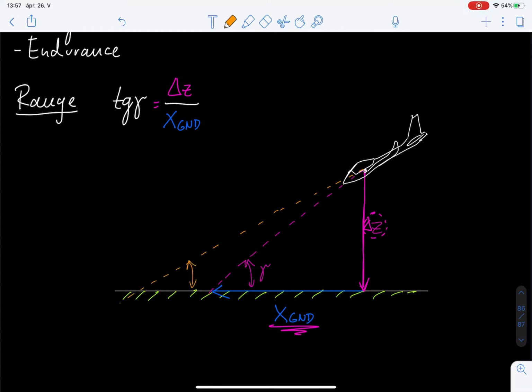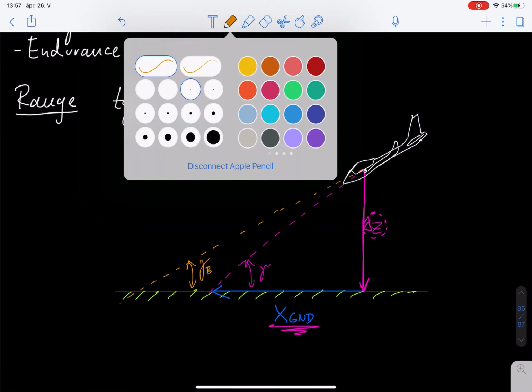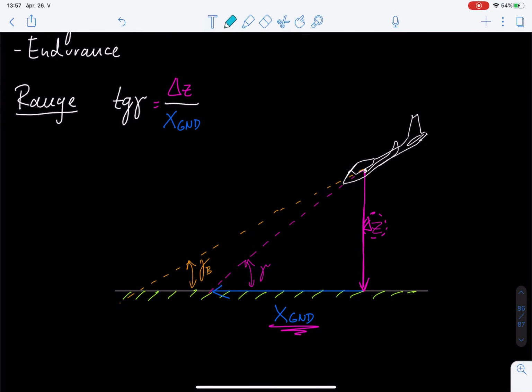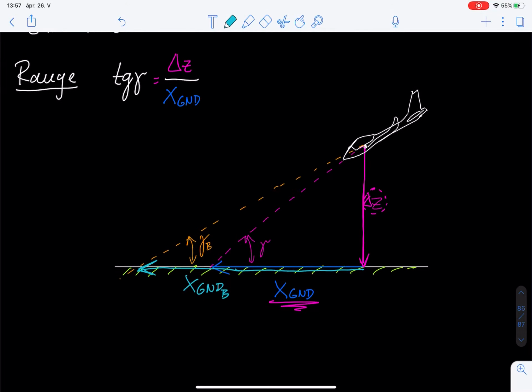Let's say this is gamma B, right? And so now I've covered this much ground, right? So I've covered this much ground, x_gnd B, right?